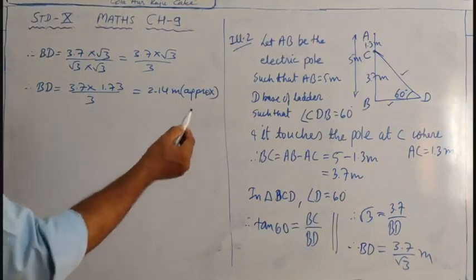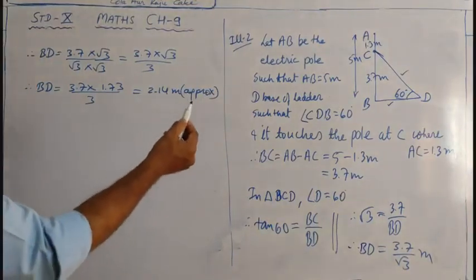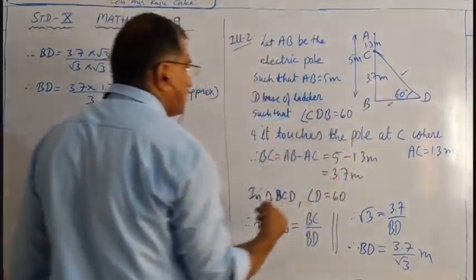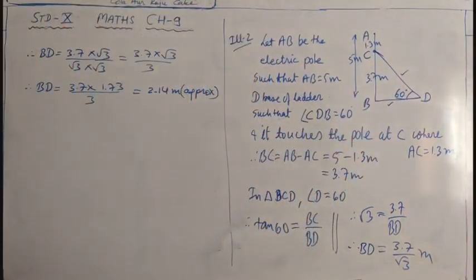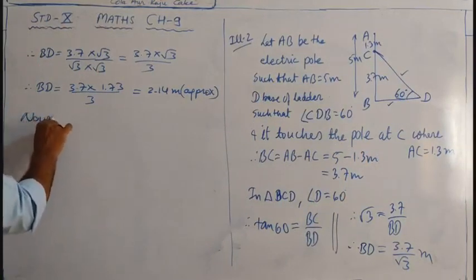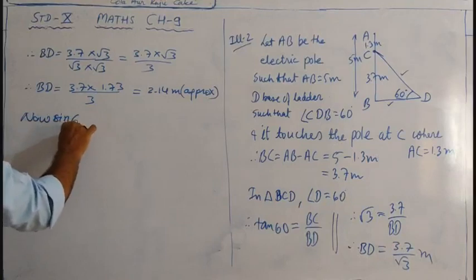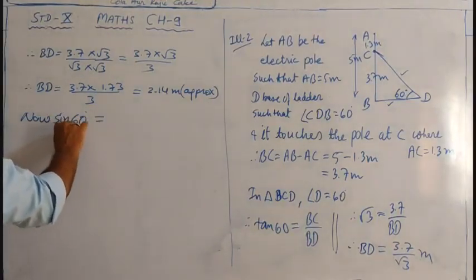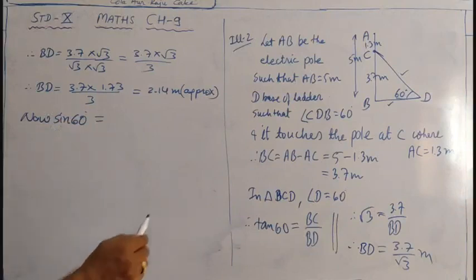Now we also want CD. What is the relation involving CD? CD is the hypotenuse and BC is the opposite side. The relation between hypotenuse and opposite side is sine. So we take sine 60. What is sine 60? Sine 60 is equal to root 3 by 2.